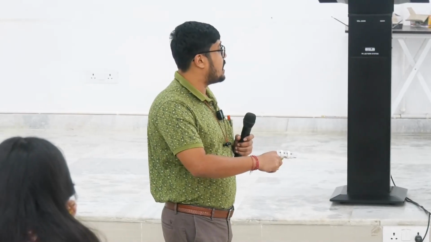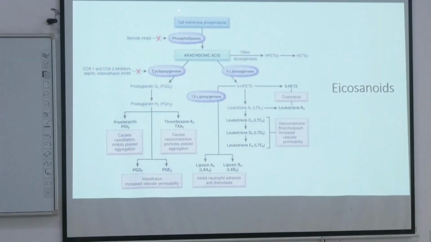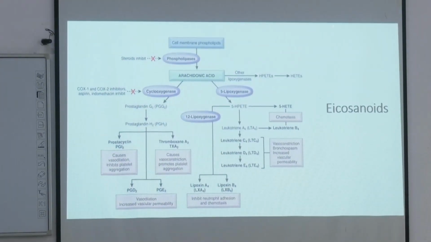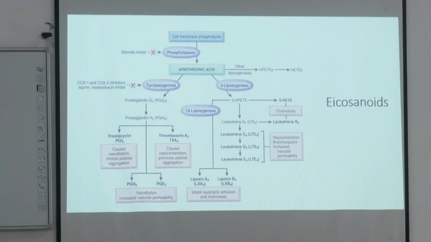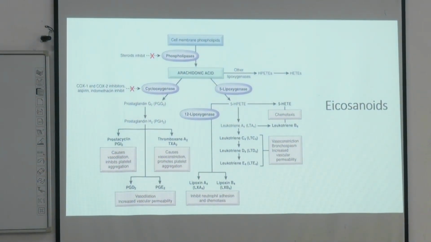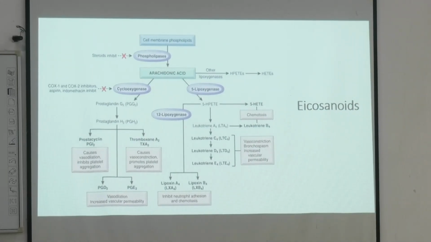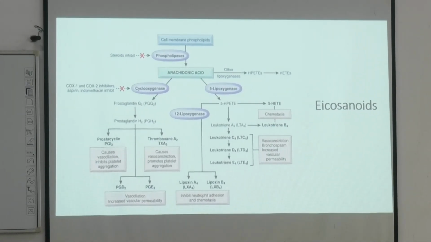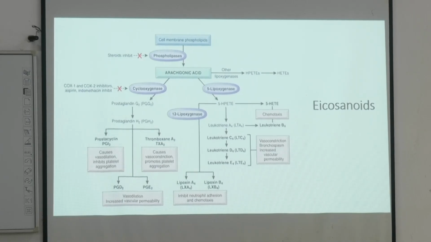Steroids inhibit phospholipase, which prevents the formation of arachidonic acid from cell membrane phospholipid, so there is a downfall of the inflammation procedure. Now arachidonic acid is acted on by two powerful enzymes: COX and LOX, that is cyclooxygenase and lipoxygenase.